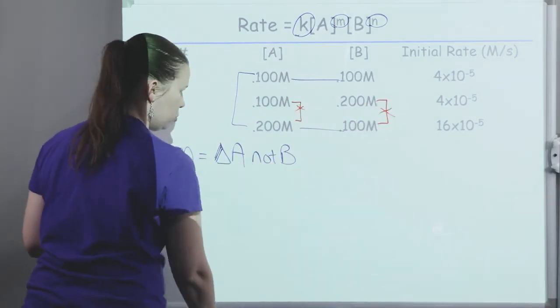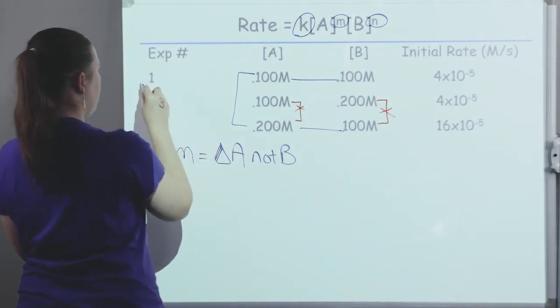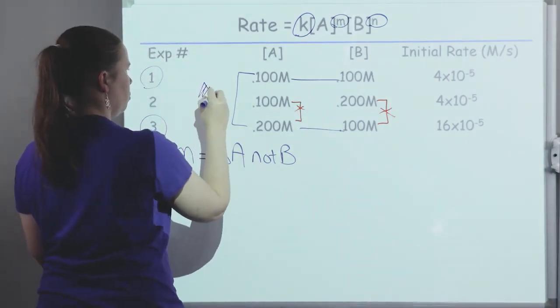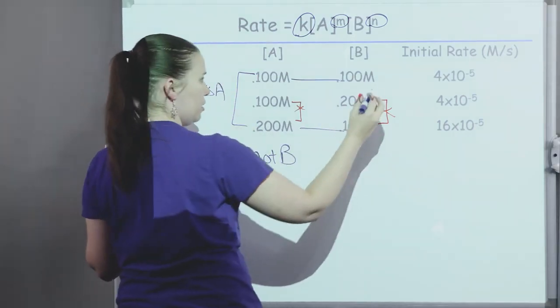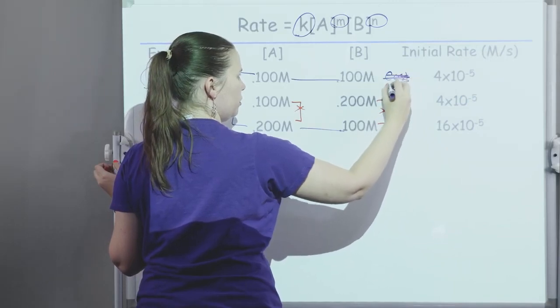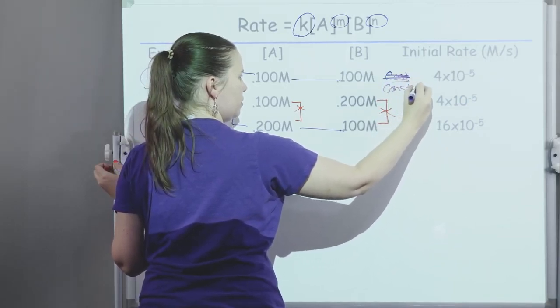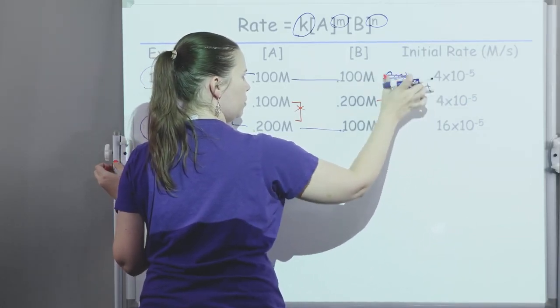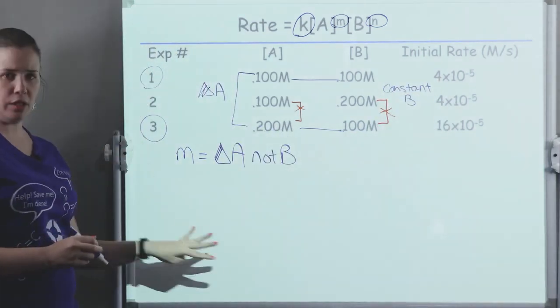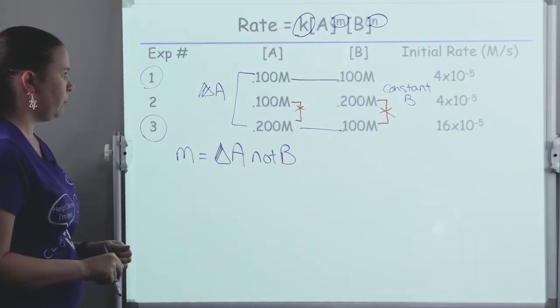So that would be a bad choice. But experiment 1 versus 3 shows a change in A, and it has a constant B. So that means I'm going to use experiments 1 and 3 to calculate M.